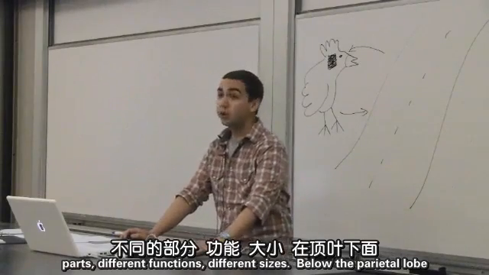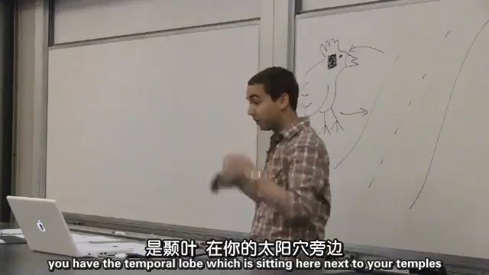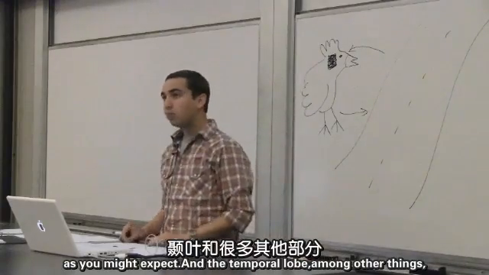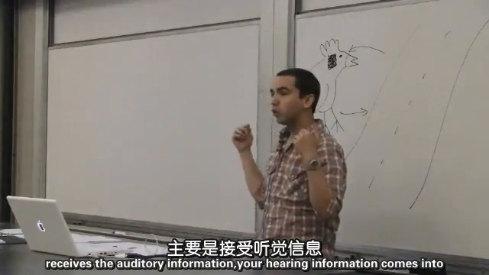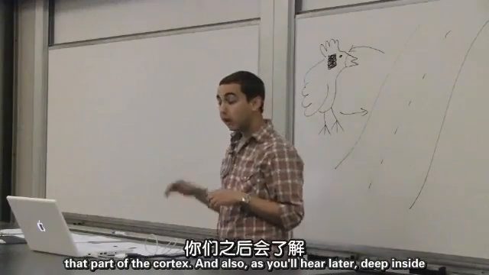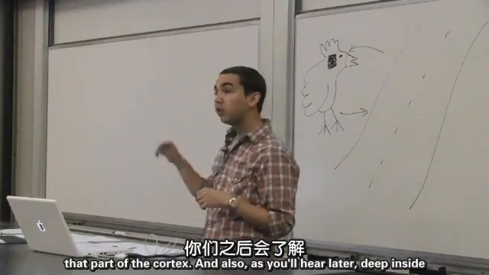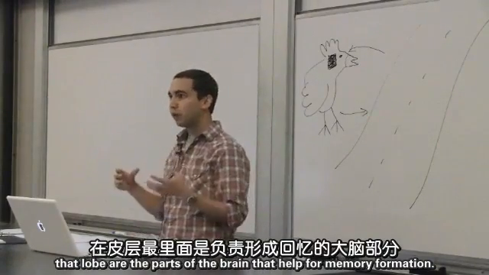Below the parietal lobe, you have the temporal lobe, which is sitting here next to your temples, as you might expect. And the temporal lobe, among other things, receives the auditory information. Your hearing information comes into that part of the cortex. And also, as you'll hear later, deep inside that lobe are the parts of the brain that help for memory formation.